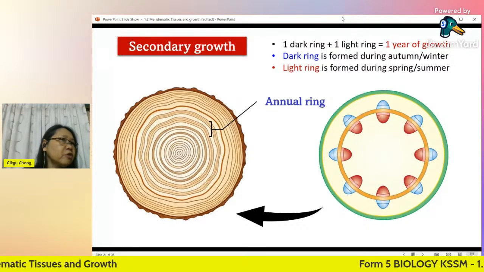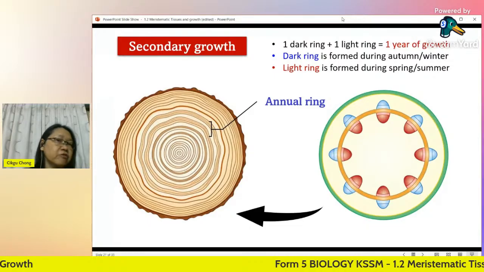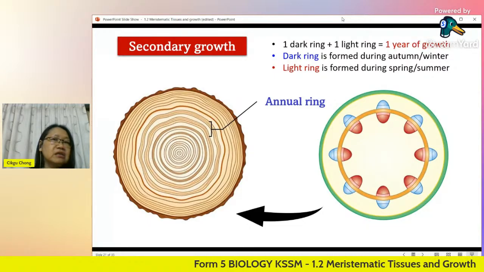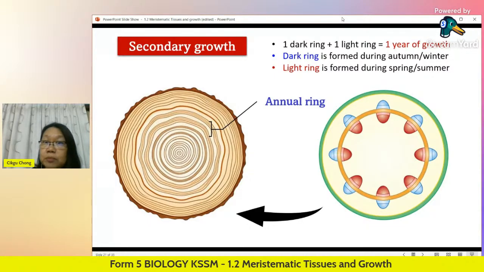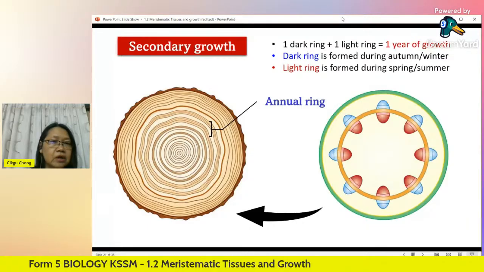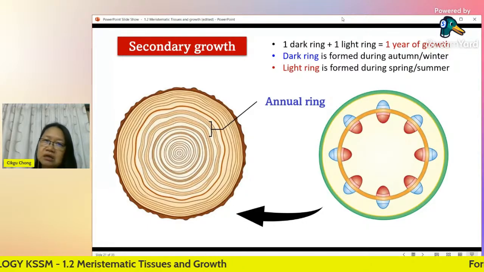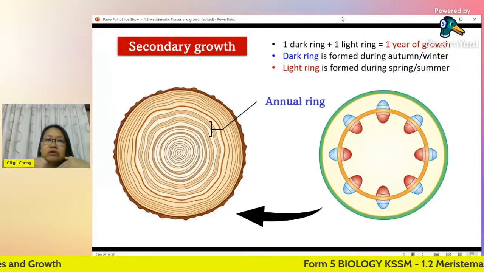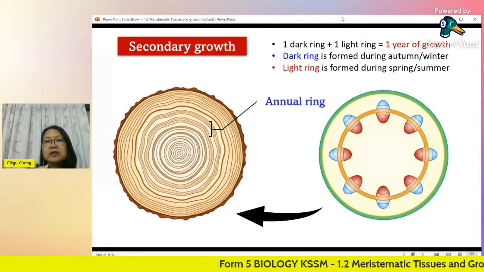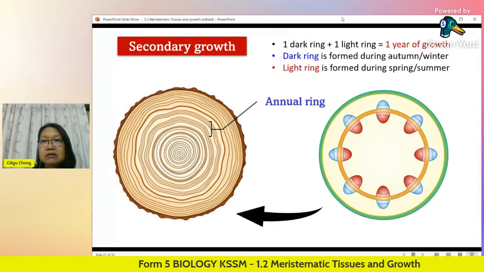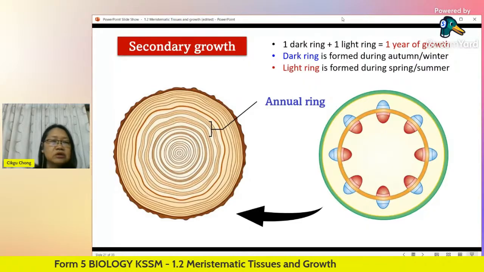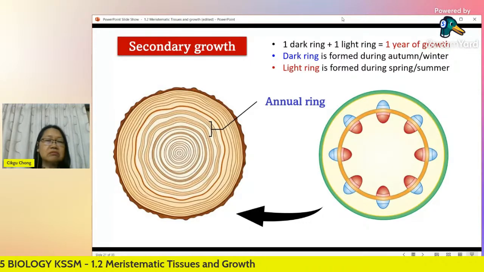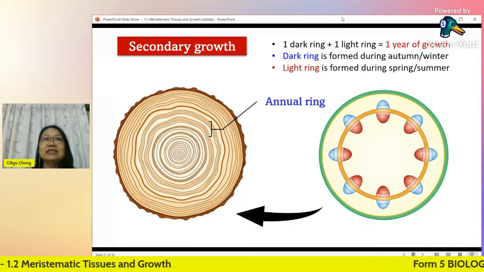Then probably for that year you will have a dark ring there. But usually in tropical countries like Malaysia, we don't have very pronounced rings here, because we don't see the difference in the growth rate during autumn and winter. It's like the whole year is wet and wet and wet, and sunshine, sunshine, sunshine.